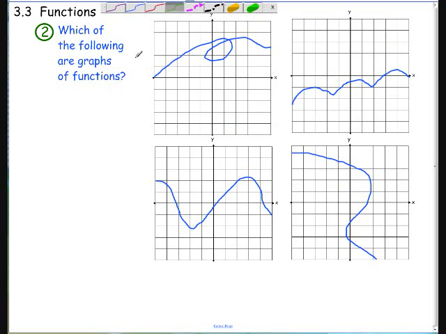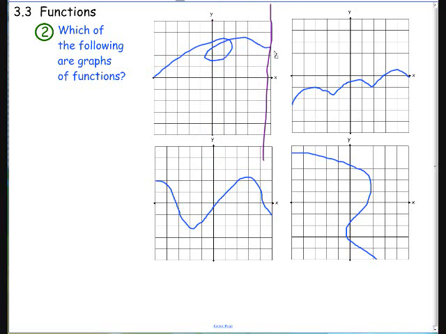Which of the following graphs are functions? Well, we'll submit these to our vertical line test. And forgive me for my vertical line not being a little more exact. Okay, this is looking okay as we go through here, but the moment we get here, what do we got? We have 2 values, 2 y values for my x value.